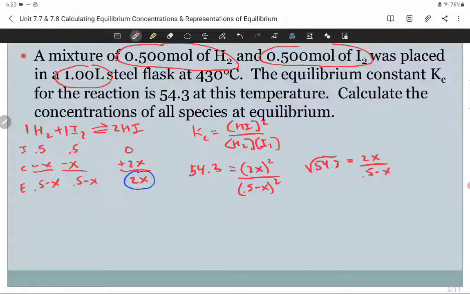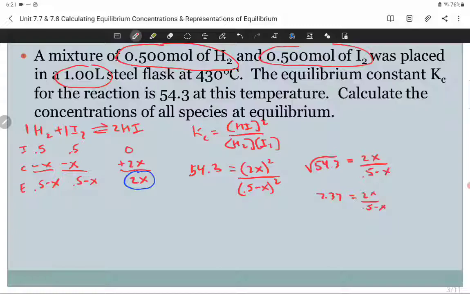Now we can multiply both sides by 0.5 minus x, but first we'd have to do the square root of 54.3. I'll break this down a little bit further. I'm not going to break these all down like this, but I'll do this one for you here.